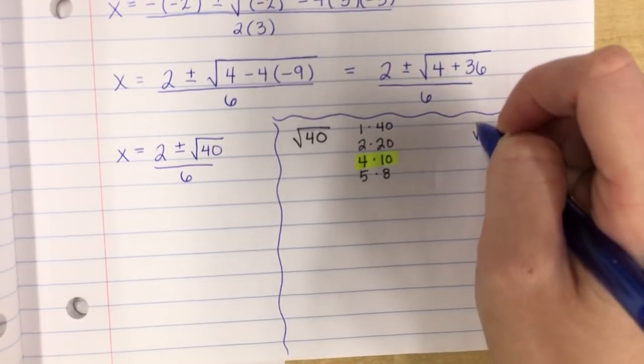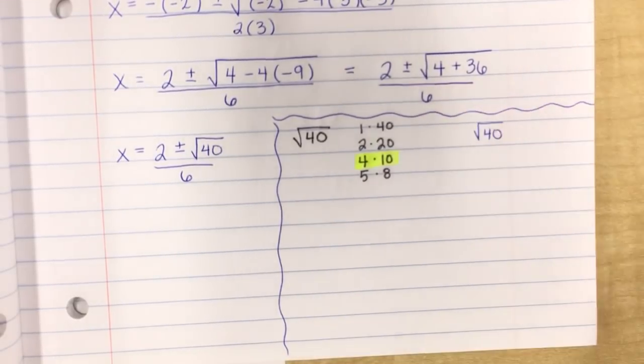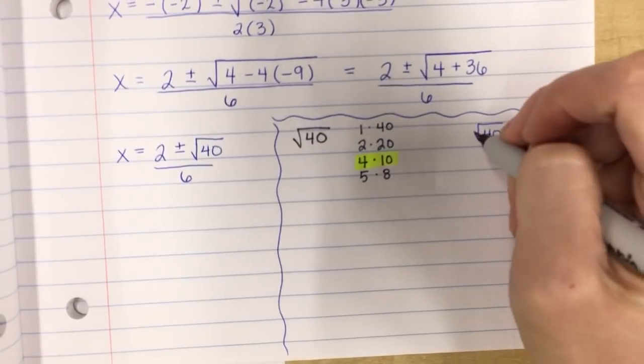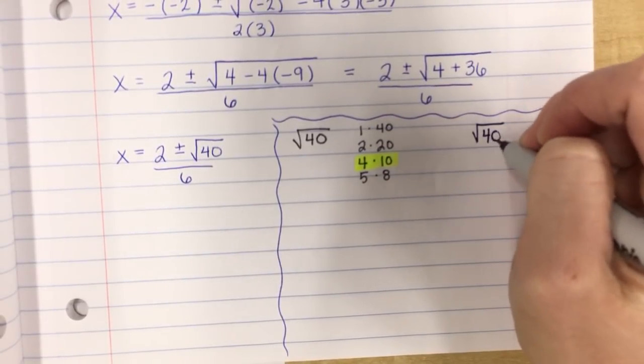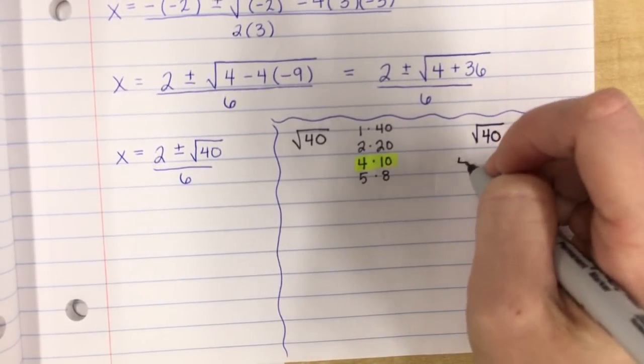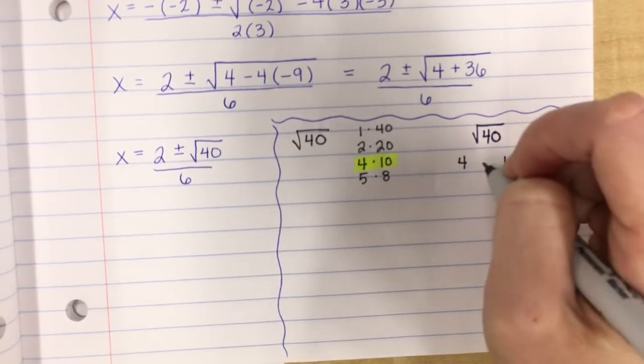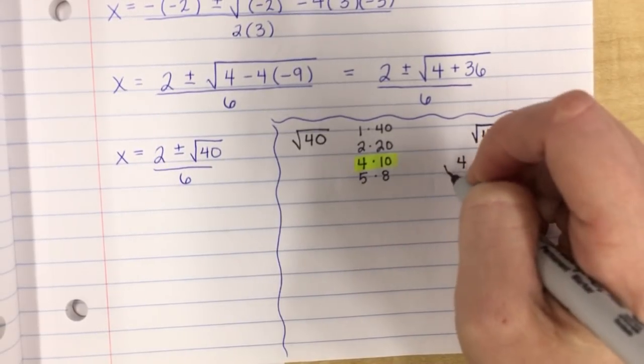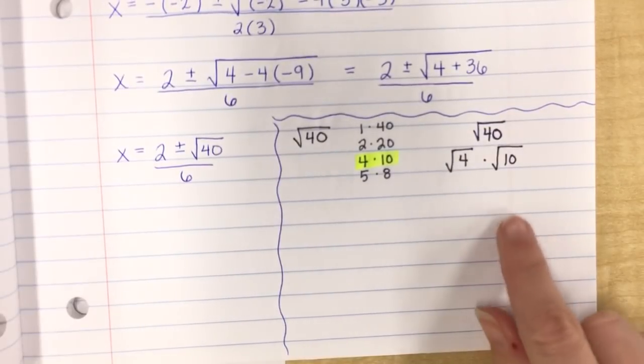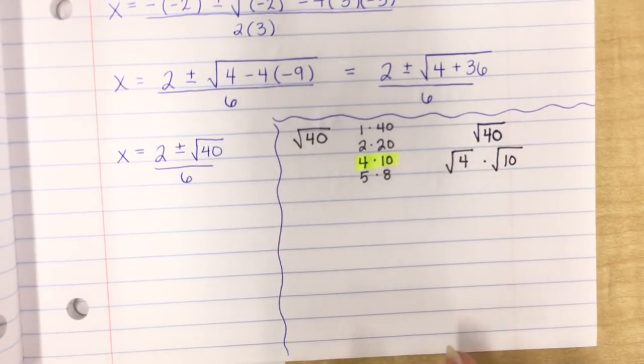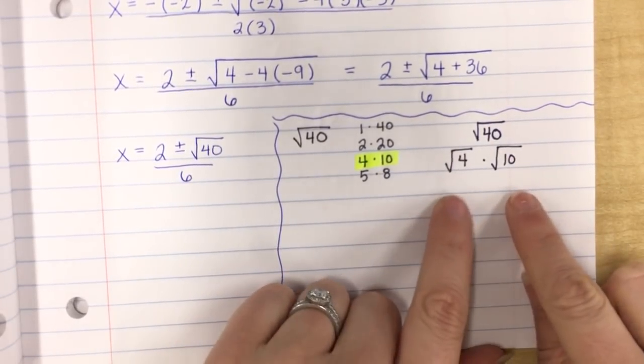The square root of 40 can be broken down into 4 times 10, but both of them still are required to be inside the radical because the 40 is inside the radical. But now we can take this and simplify it.